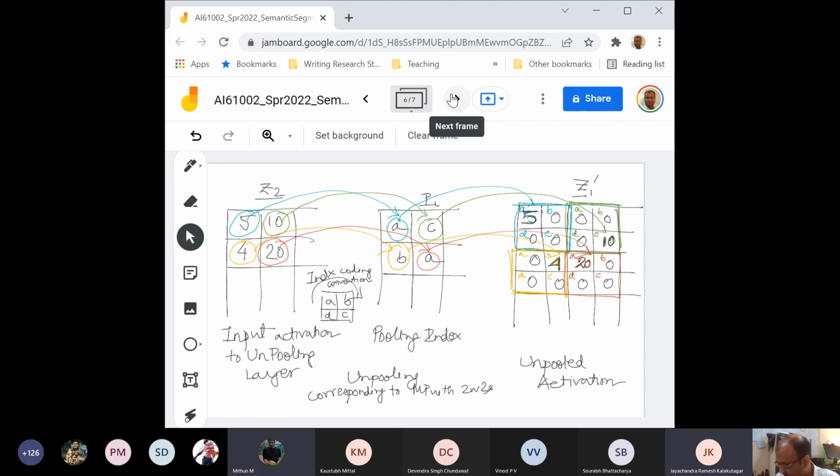So we're placing the values, based on the pooling indices, and then assigning 0 to the remaining. So what will be the order of operations? For every location, what is the operation you are going to do during unpooling?